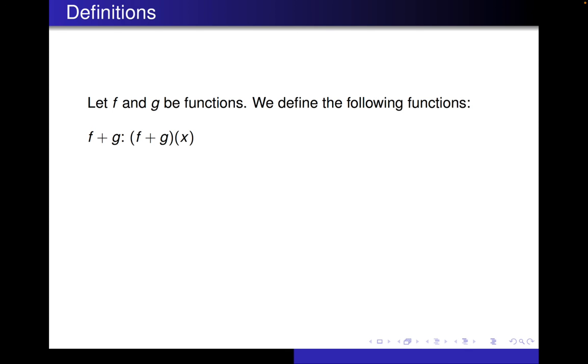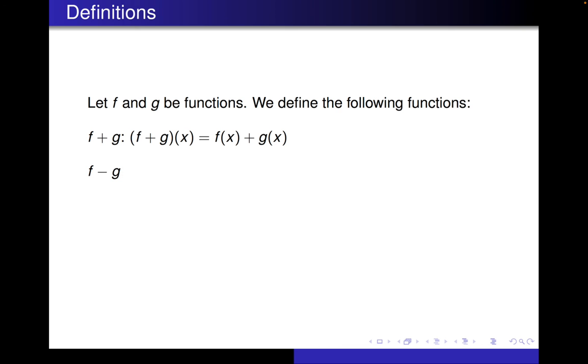Well, if x is the input, so I'm taking f plus g of x, then the output is just going to be: put x into f, put x into g, and then add those two together. So the input is x, the output is f of x plus g of x. And the other three functions are defined similarly.